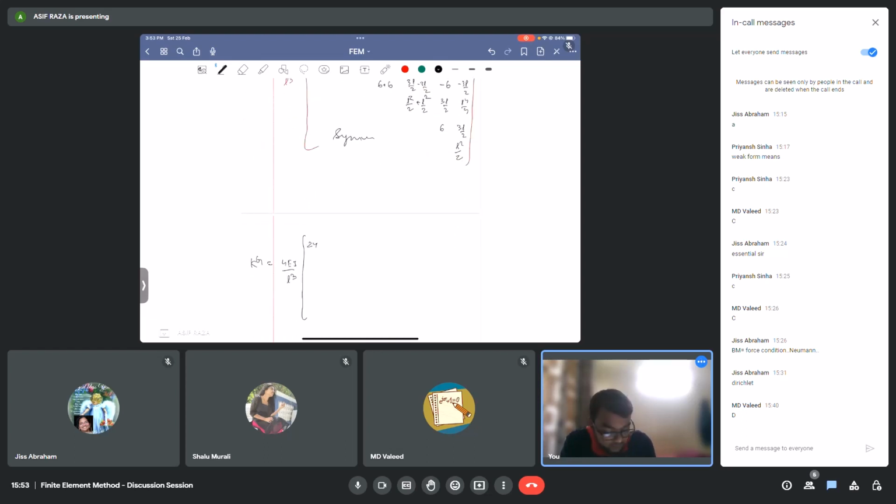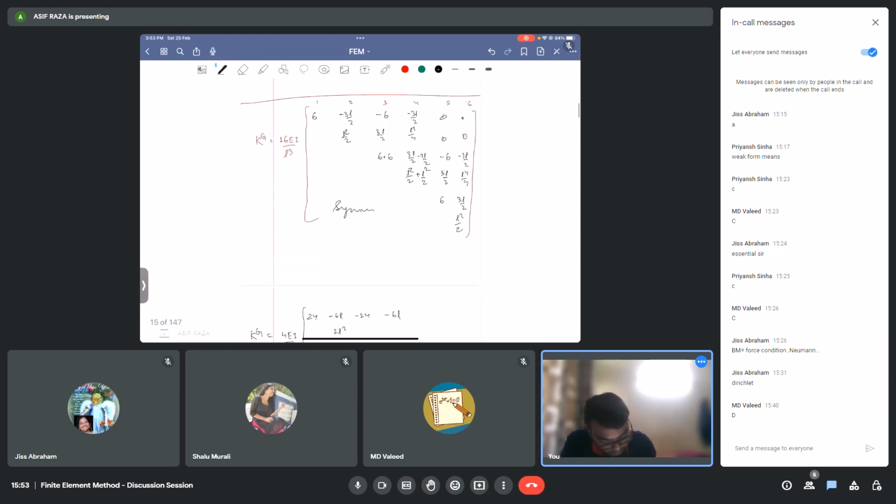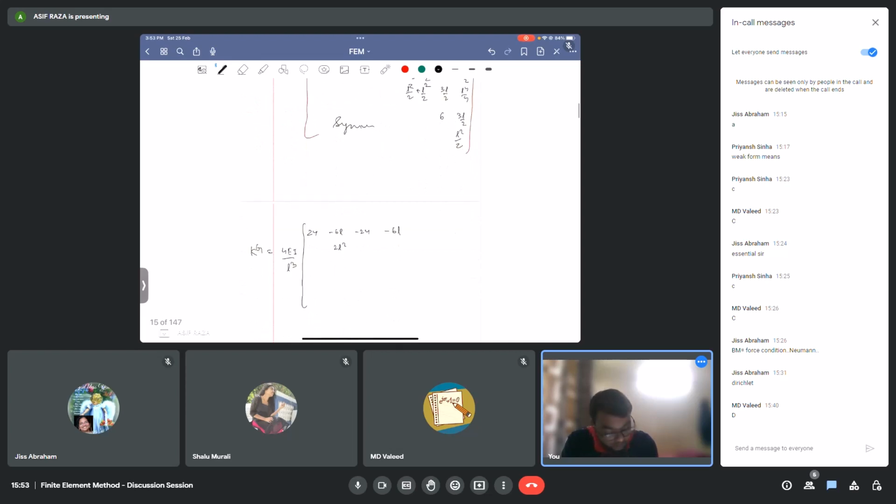It will be 24 minus 6l, minus 24 minus 6l, then 2l square, then 6l, l square, then 48, 0, then 4l square, it's 0 0 0 0 here, then here it's minus 24 minus 6l, this is 48 for l square, 6l, l square, 24, 6l, 12 square.